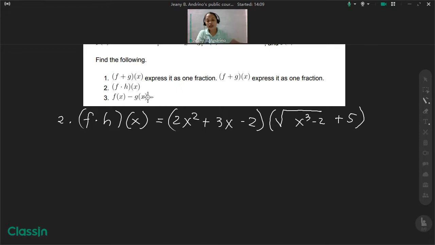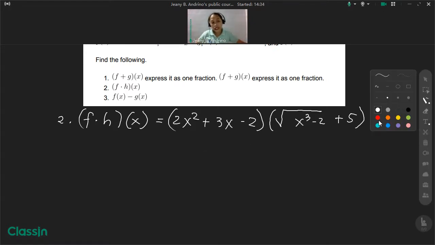So you may start it with the 3 terms here, the f of x, and distribute that one to your h of x. Or you may start with the h of x and distribute that one to your f of x. So that really doesn't matter. The answer will still be the same.